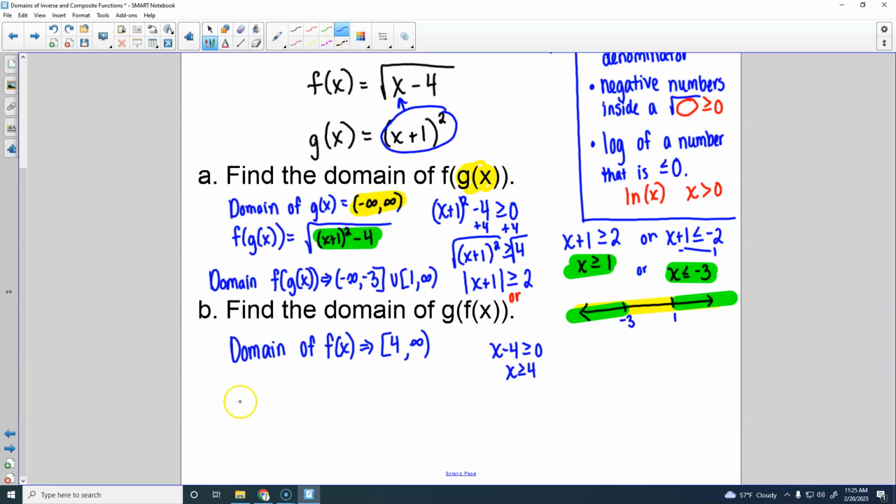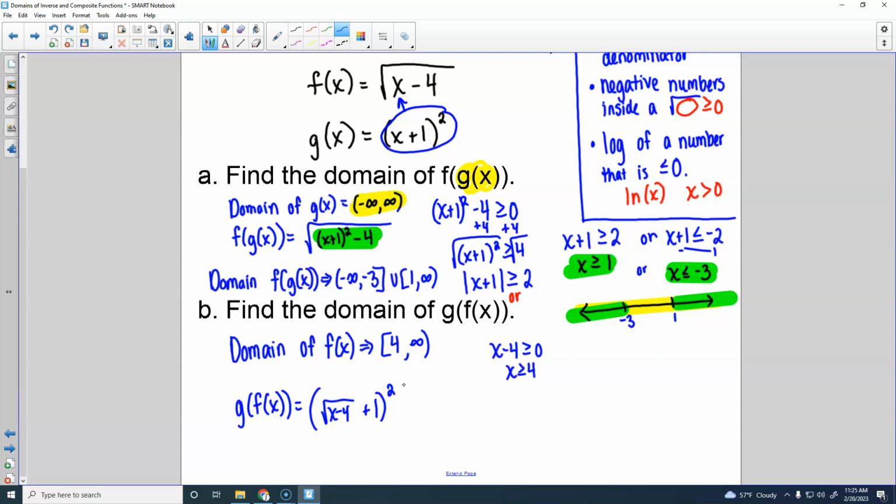Now we have to find g of f of x and think about what its domain would look like. So that would be the square root of x minus 4 plus 1 squared. Now, there's not really anything you can do with this. You could distribute it out, like you could write it twice or square, double square.